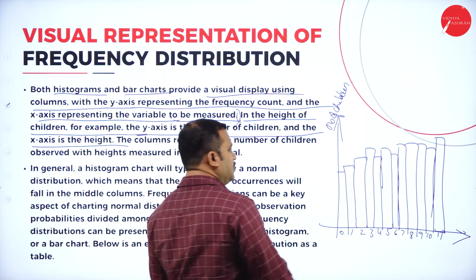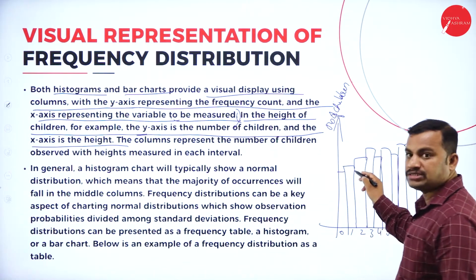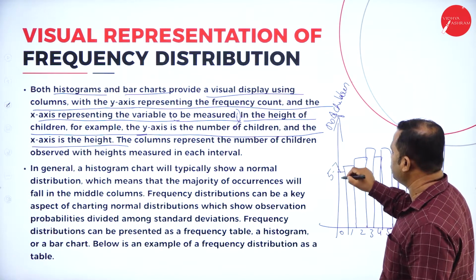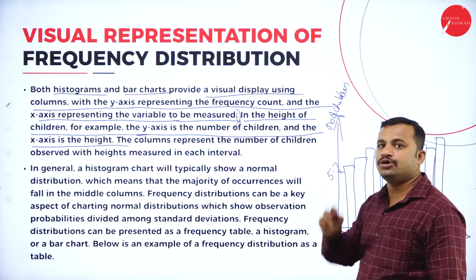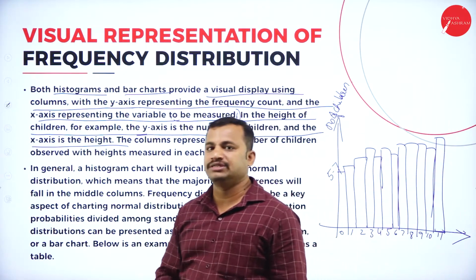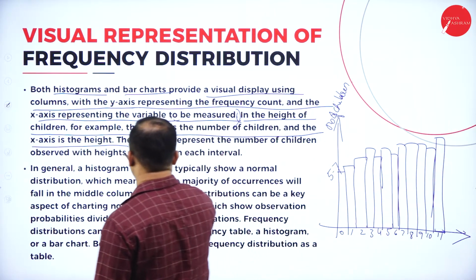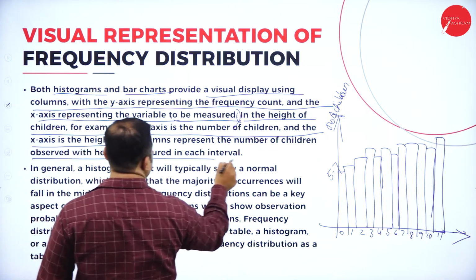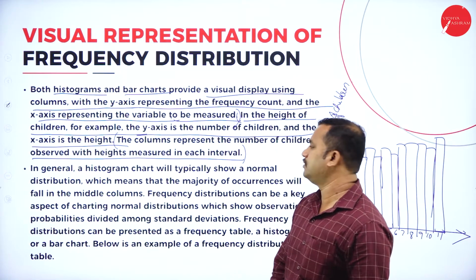That means in the range of students studying in 5th to 7th class, what is the range of average height of students in that class? That is considered here. The columns represent the number of children observed while the heights are measured in each interval.